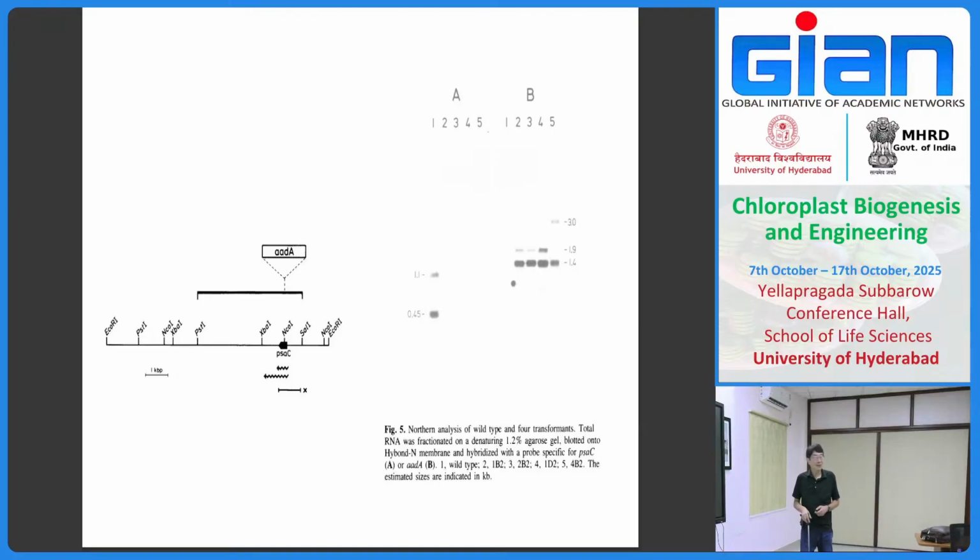We did another analysis, the messenger RNA level. So in the wild type, the messenger RNA probed with the psaC gene gives us a 0.45 kilobase messenger RNA and a 1.1 kilobase messenger RNA, two messenger RNAs.